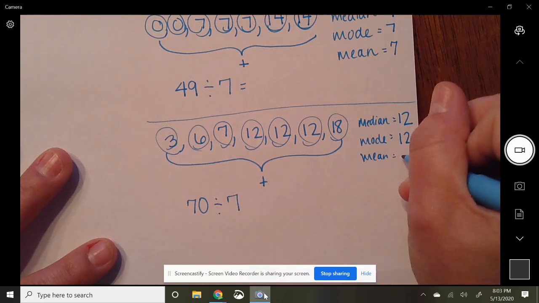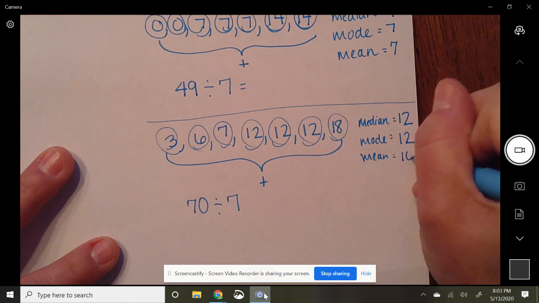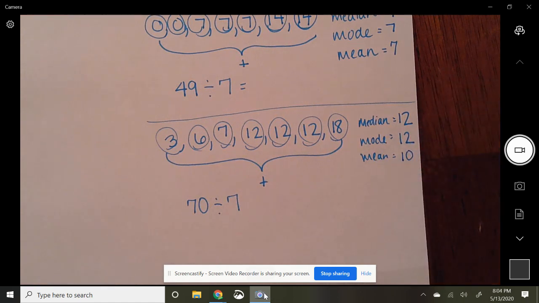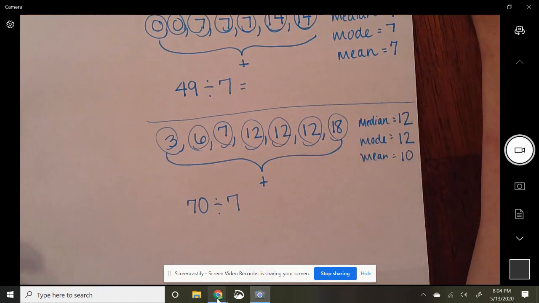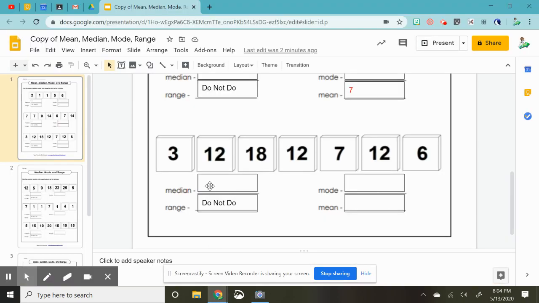If you need to, use your calculator, but I think you'll find the answer of 10 being pretty easy. All I need to do is go back to my worksheet and put the information in. So I have 12, and 10.